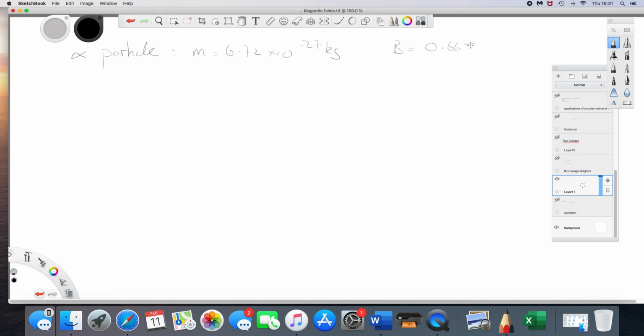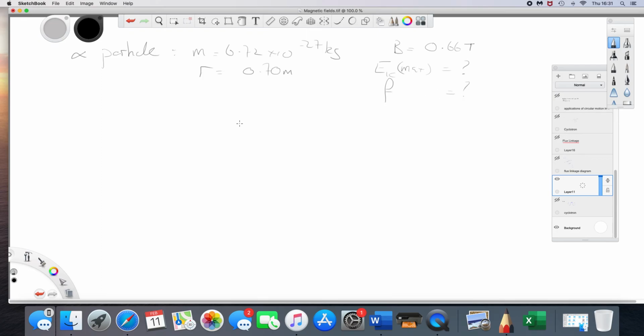This is quite a strong field, but there are stronger. The radius of the orbit then is 0.7 meters. And the question is, what is the maximum KE that this alpha particle can have, and the frequency of the supply?